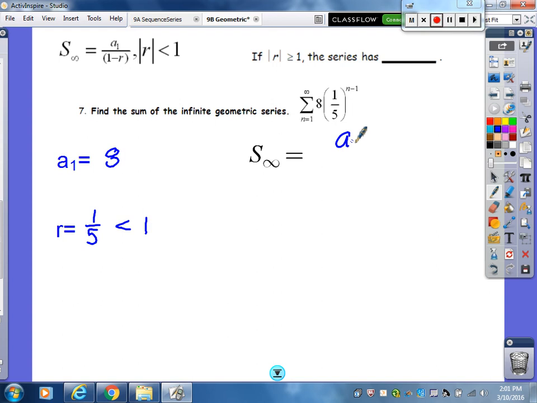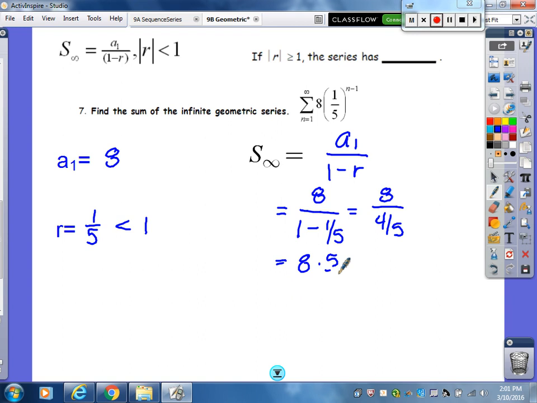So a sub 1 over 1 minus the ratio. So I'm going to have 8 over 1 minus 1/5. Now we just got to do that math. So we have 8 over 4/5. Flip and multiply. So 8 times 5/4, which gives us 10. So my sum is 10.